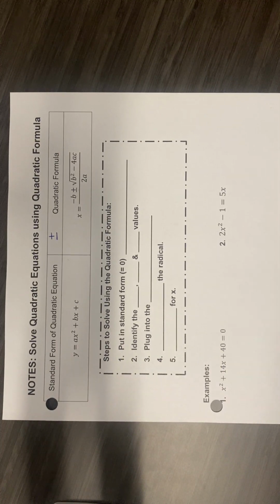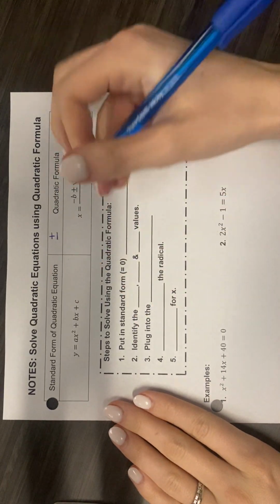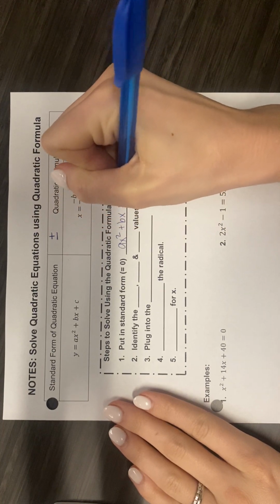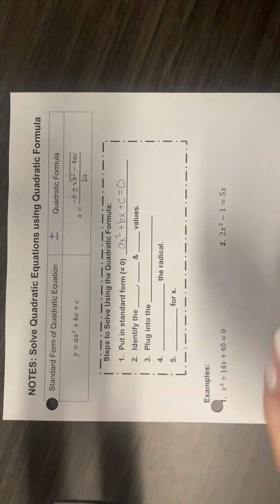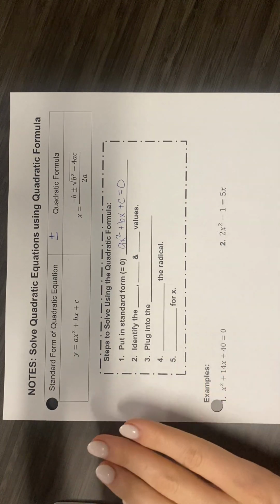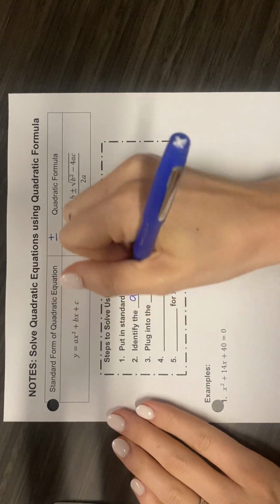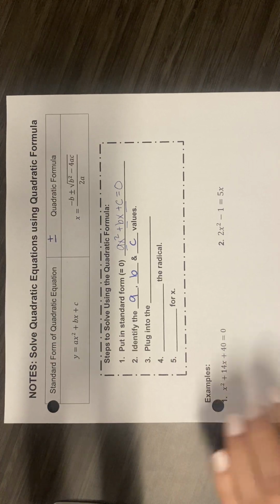So the steps to solve using the quadratic formula: put into standard form and set it equal to 0, so it would be ax squared plus bx plus c equals 0. Then identify your A, your B, and your C. You are always going to write those to the side.